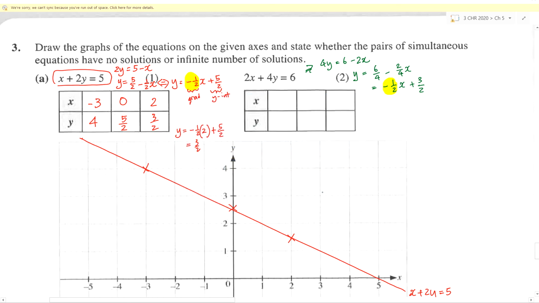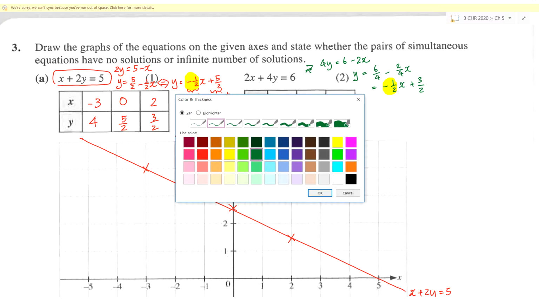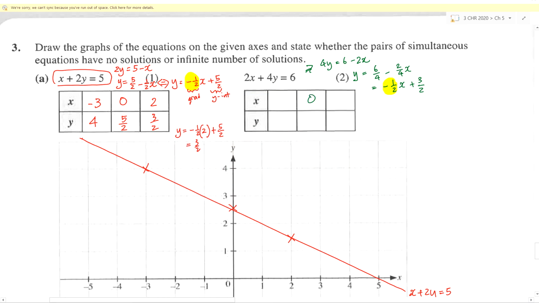Now we get to choose our x values and calculate the corresponding y values. As mentioned, I like to have 0 as one of my x values. When x is equal to 0, my value for y is 3 over 2. Next, you get to choose the value of x. For example, let's choose negative 4.